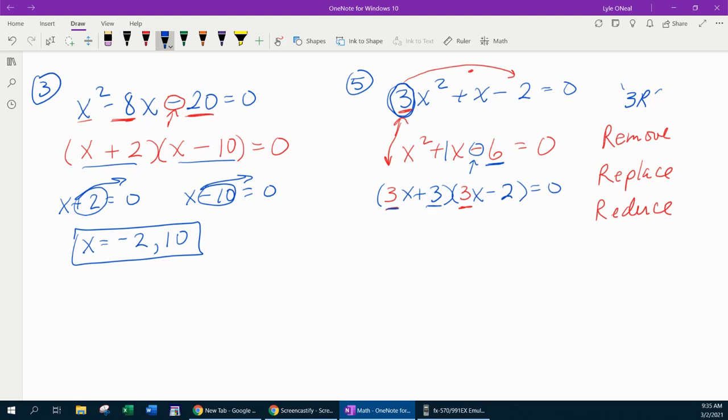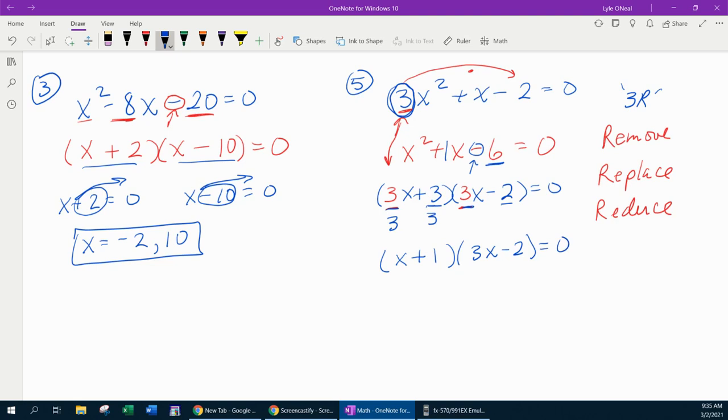So in the first set of parentheses, I can reduce by 3. But in the second set of parentheses, nothing goes into 3 and 2 evenly, so that is not going to reduce. So we're going to have x plus 1 times 3x minus 2.